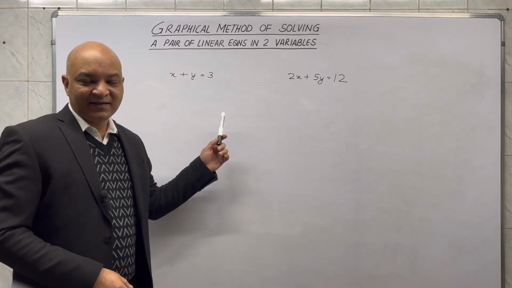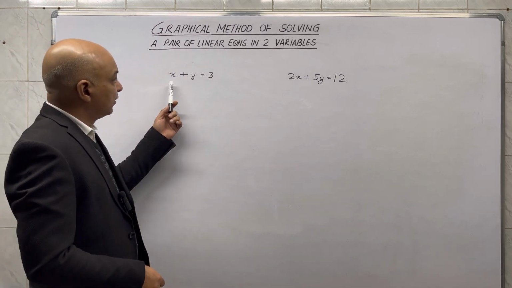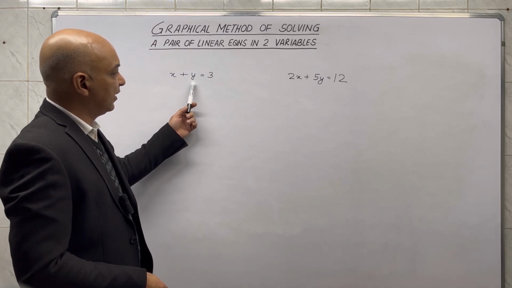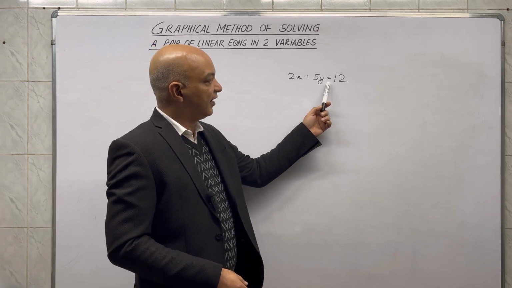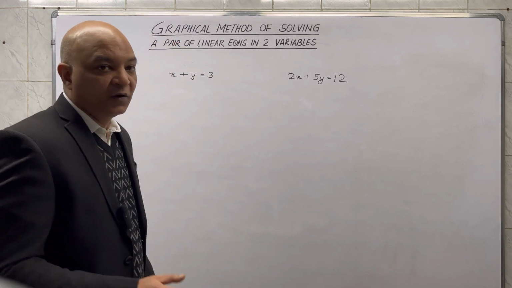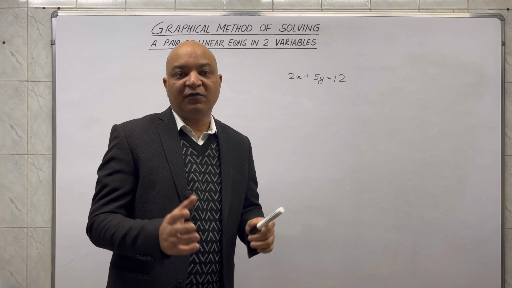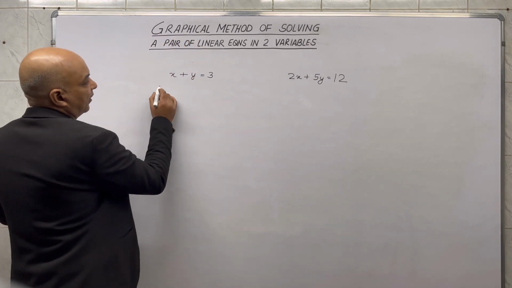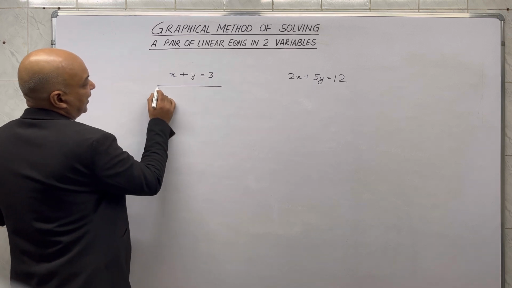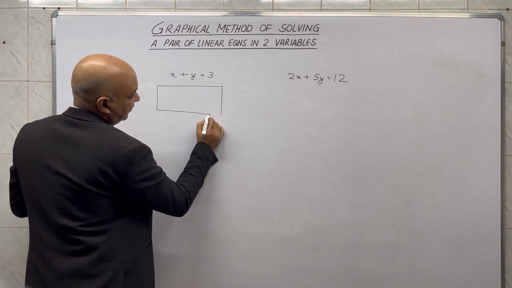So let us take an example to understand this even better. Suppose the two equations given are x plus y equal to 3 and 2x plus 5y equal to 12. First of all, I am going to prepare a table of values for both the equations, and using that I am going to plot the two lines on the same graph paper.